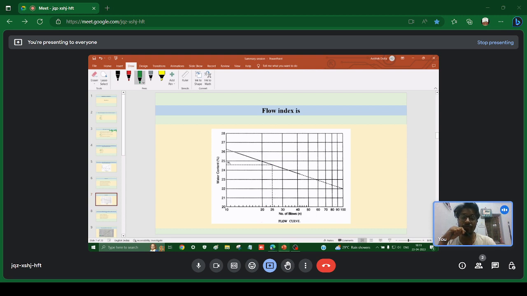This is called the flow curve, where we have moisture content on the y-axis versus number of blows on a logarithmic scale on the x-axis. The slope of this curve, del y by del x, will give us the flow index.